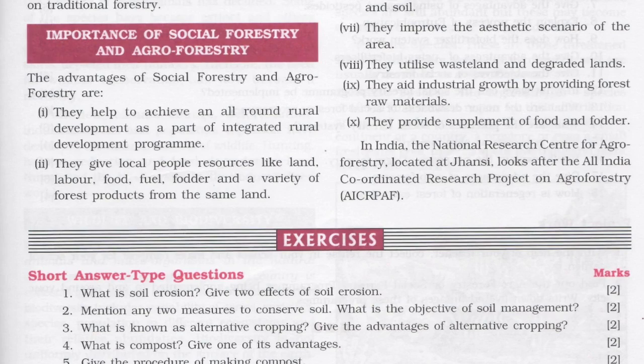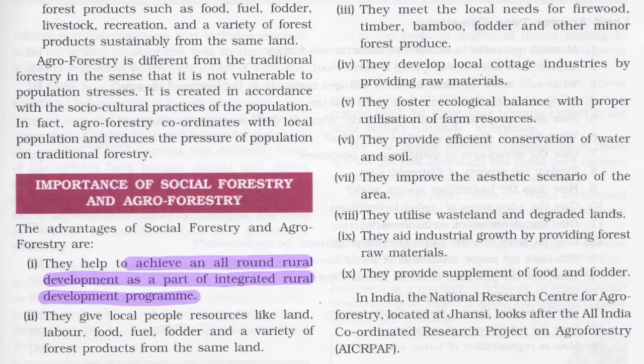The advantages of social forestry and agroforestry are: they help to achieve all-round rural development as a part of the integrated rural development program. They give local people resources like land, labor, food, fuel and a variety of forest products from the same land. They meet the local needs for firewood, timber, bamboo, fodder and other minor forest produce.